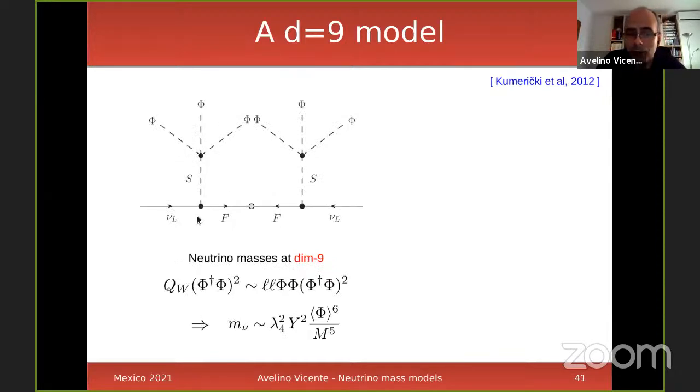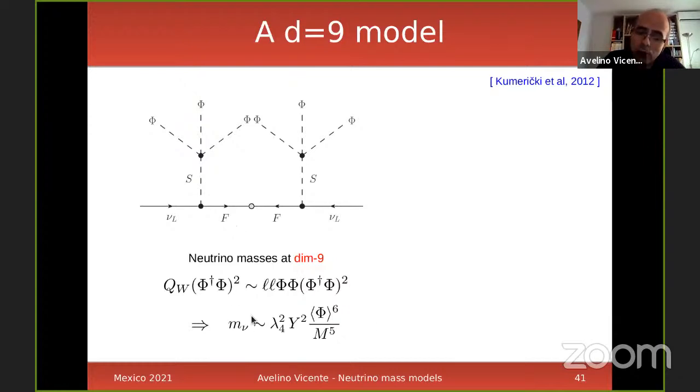And you need it twice because you need the Yukawa to take place twice. So now if you count, you have 1, 2, 3, 4, 5, and 6 Higgses. So in the end, you have an operator of this type. This is a dimension 9 operator. If you integrate out S and F, you end up with a dimension 9 operator. You don't induce the Weinberg operator, but you induce this dimension 9 operator.